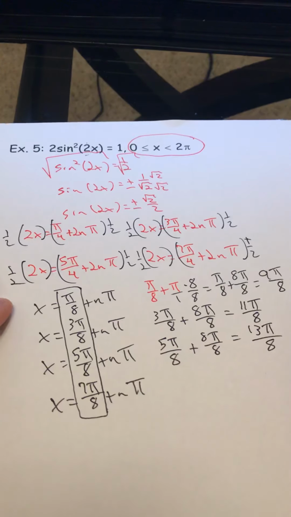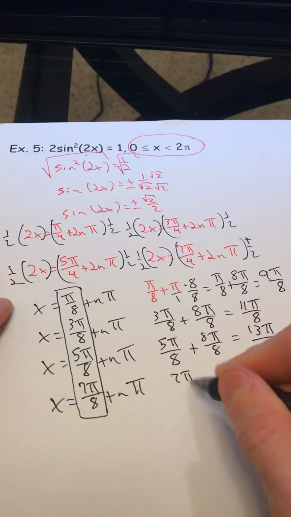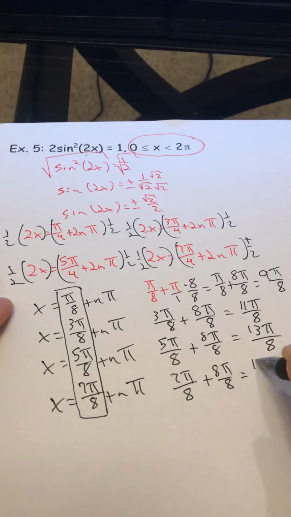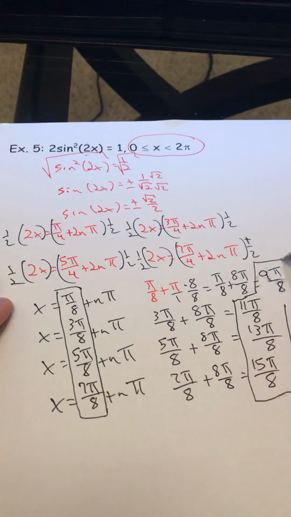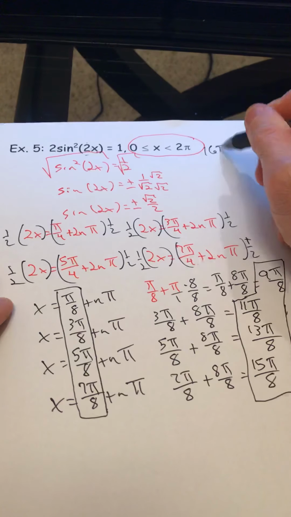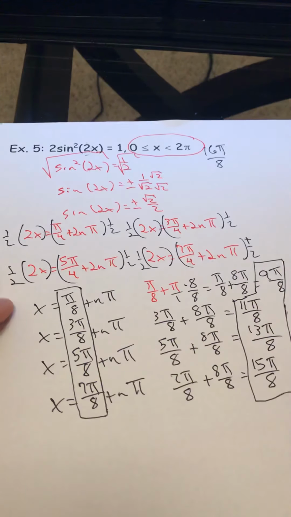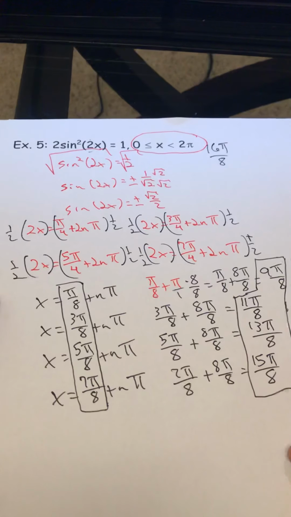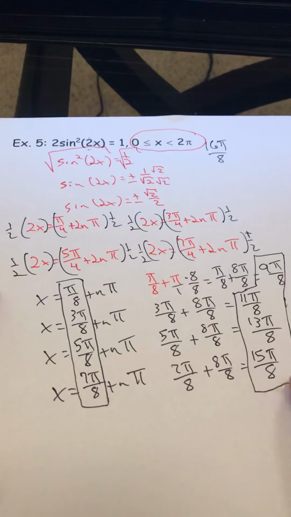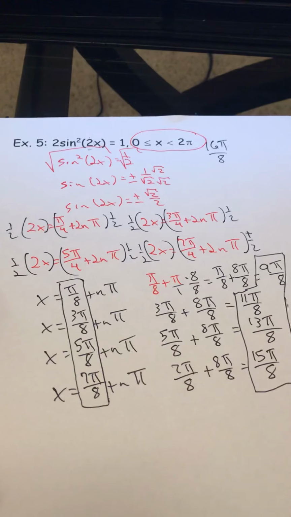And then our final solution we do with 7 pi over 8, which is 15 pi over 8. So those are the other 4 solutions from 0 to 2 pi, which again cannot go past 16 pi over 8. There is a corresponding section on Pearson 5.5 number 1 for these style of problems.